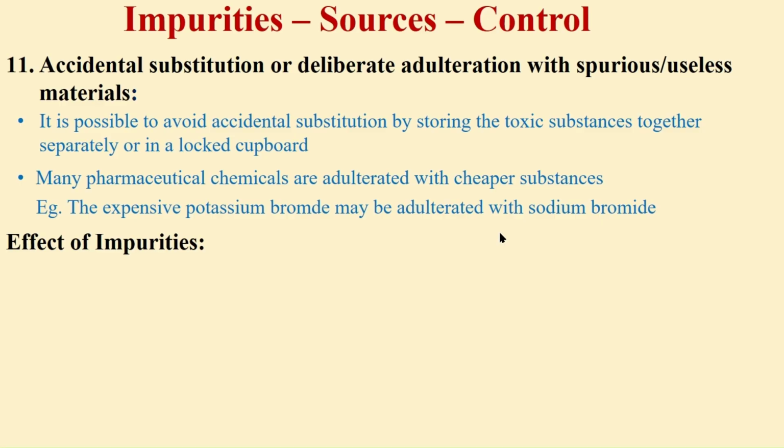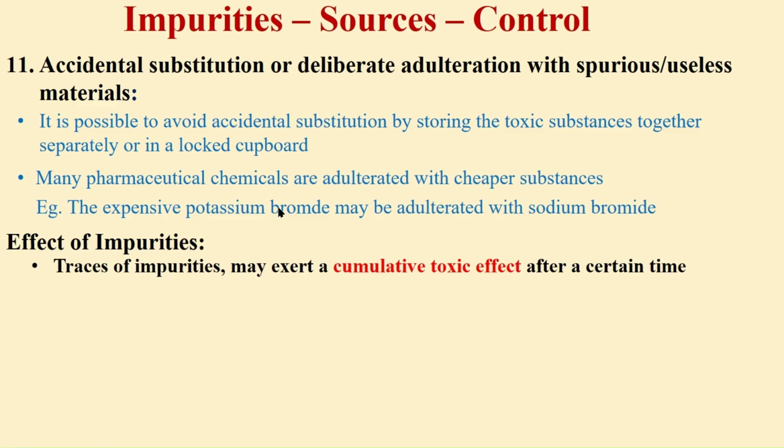Why should they be controlled? Because these impurities present in small quantities have various effects. These traces of impurities may exert a cumulative toxic effect after a certain time. Different types of impurities that arise during the manufacturing process and during storage can accumulate together and give a cumulative effect which is toxic in nature.